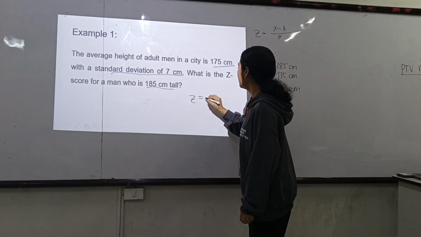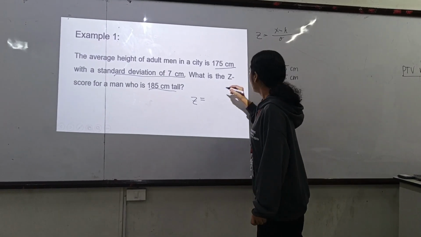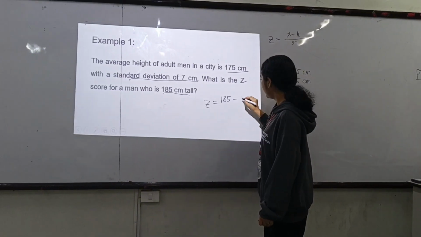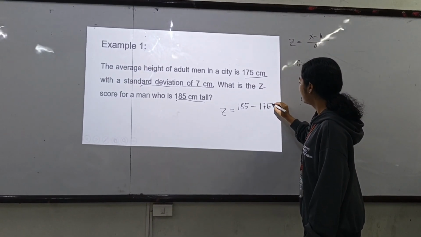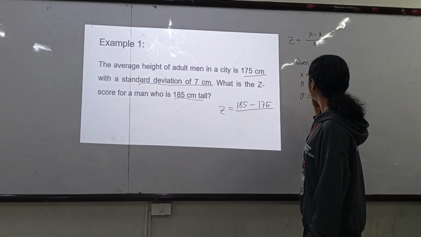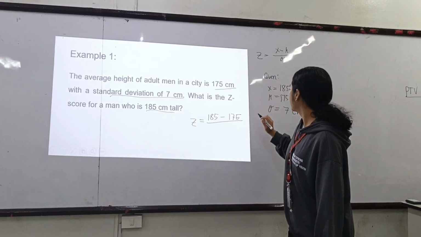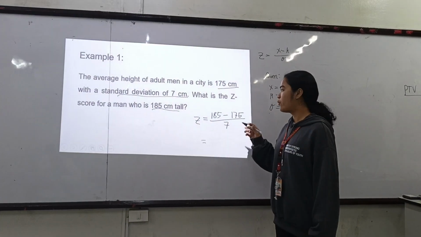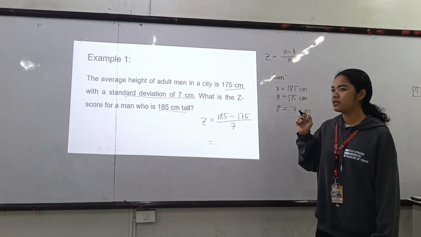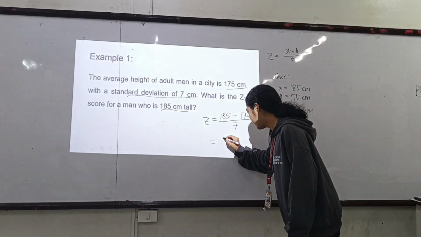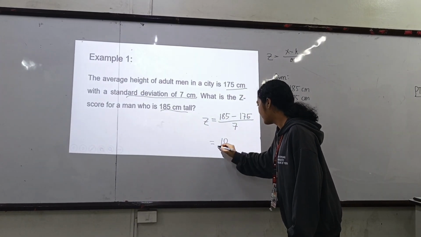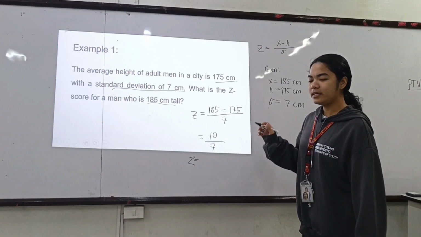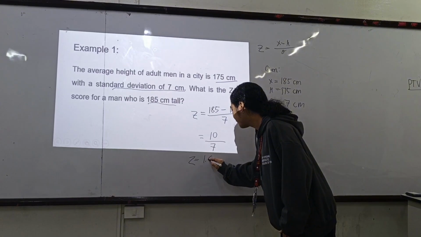Z equals 185 minus the mean 175, divided by the standard deviation, which is 7. Now let's subtract 185 and 175, which is equal to 10. And let's copy the denominator, which is 7. Z is equal to 1.4.